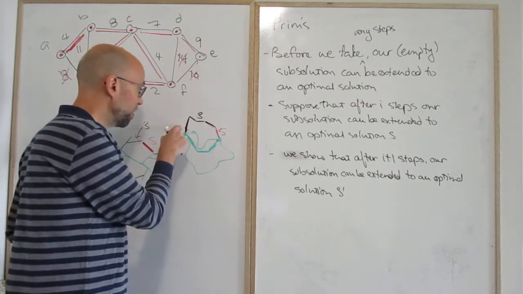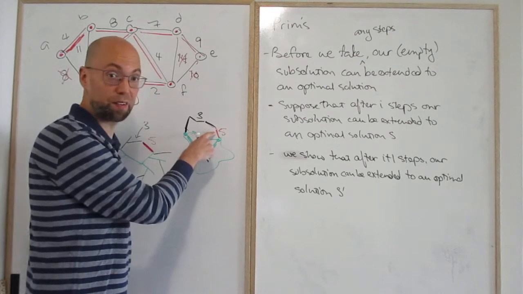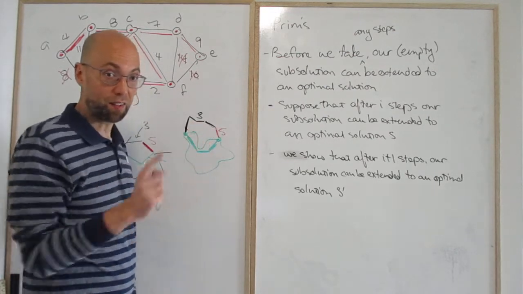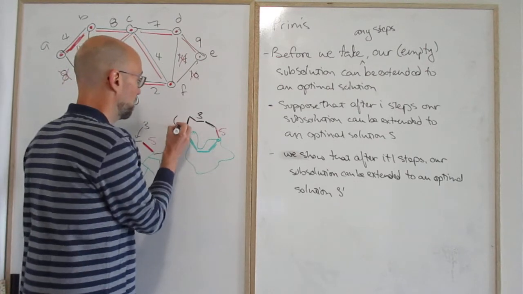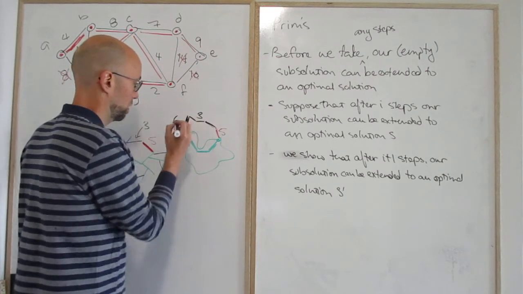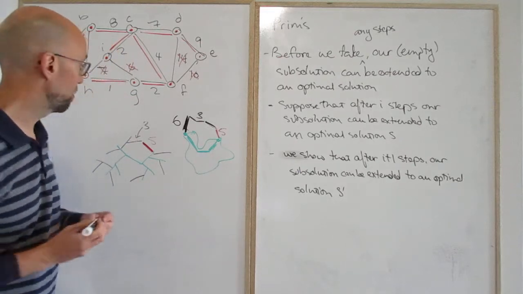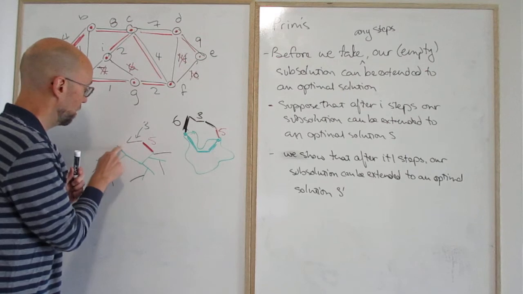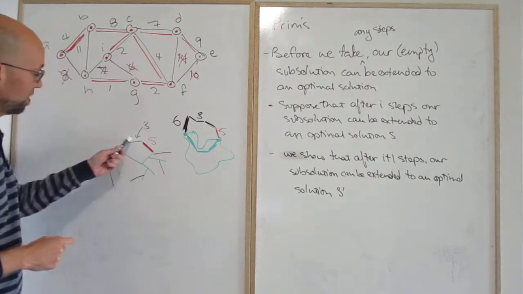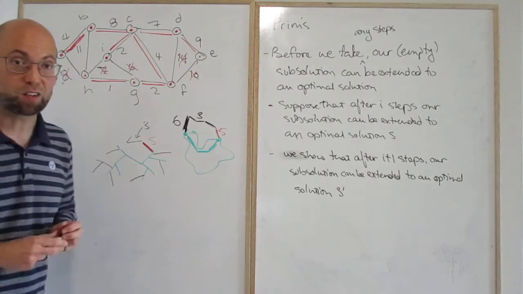So that means this edge cannot be cheaper than 5. It doesn't apply to all of the edges in the cycle anymore, but it does apply to this edge. So yes, we can say we're going to add 5 and take out the black edge in the cycle that's incident to the tree.